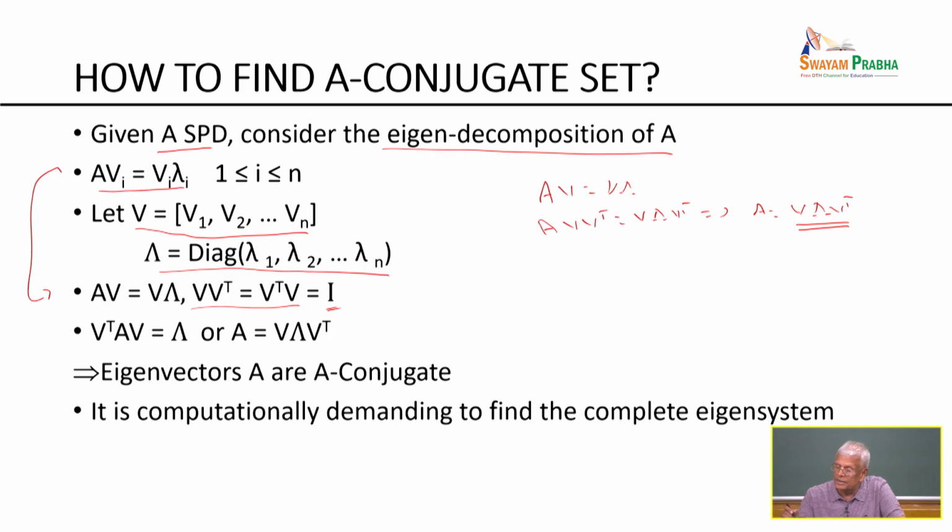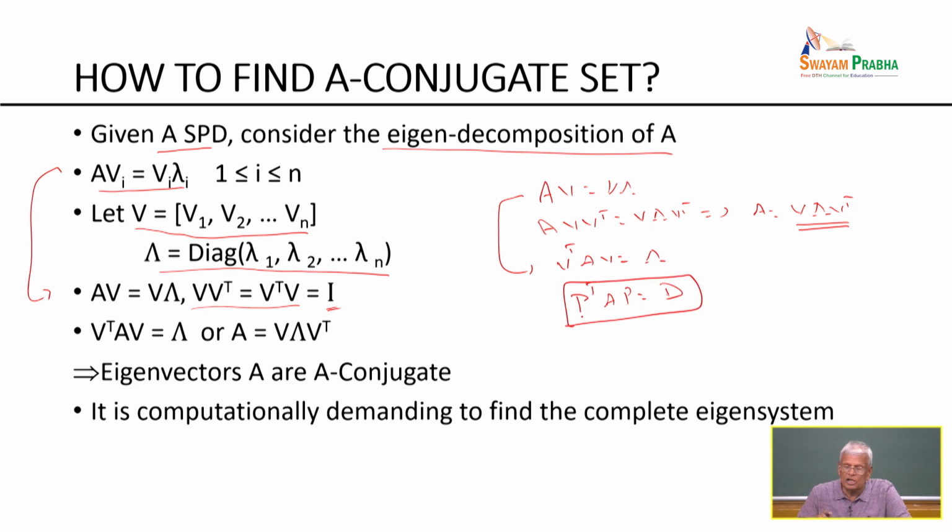Another way of looking at it is you multiply both sides on the left by V transpose. So, from here V transpose A V is equal to lambda. How does this look? This looks like P transpose A P is equal to a diagonal matrix, you remember?